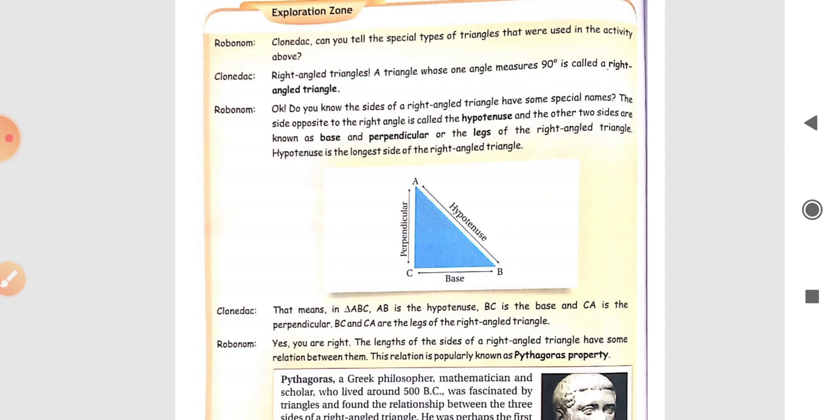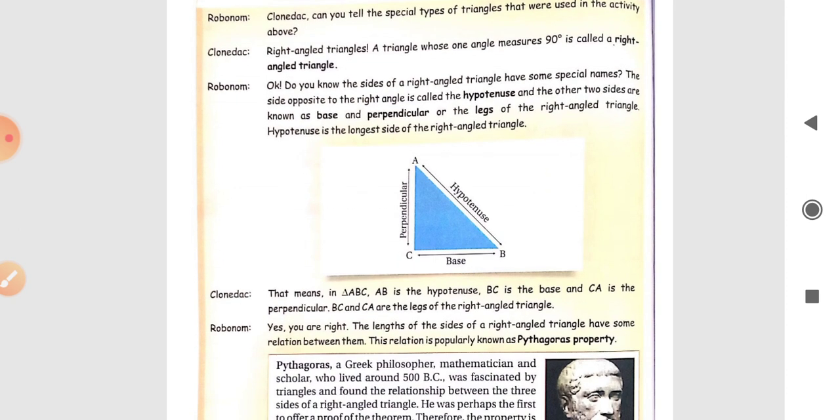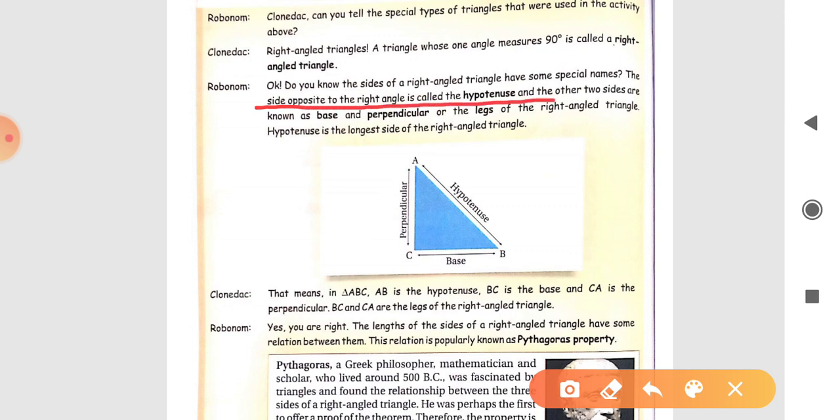And next we will discuss the sides of a right angled triangle. A right angle triangle has some special names for its sides. The longest side, the side that is opposite to the right angle, is called the hypotenuse.